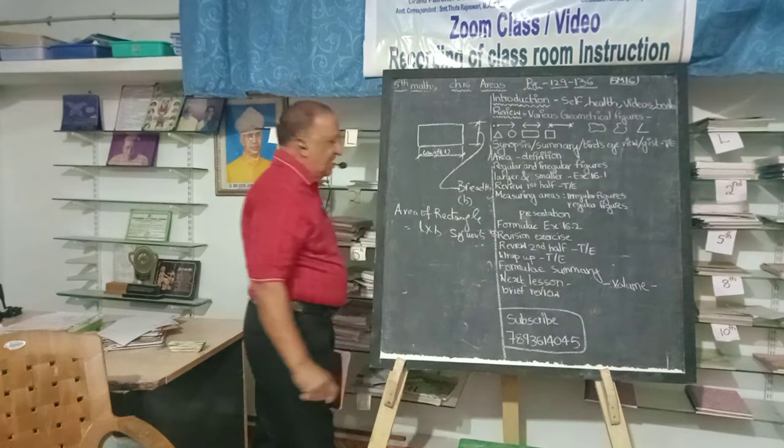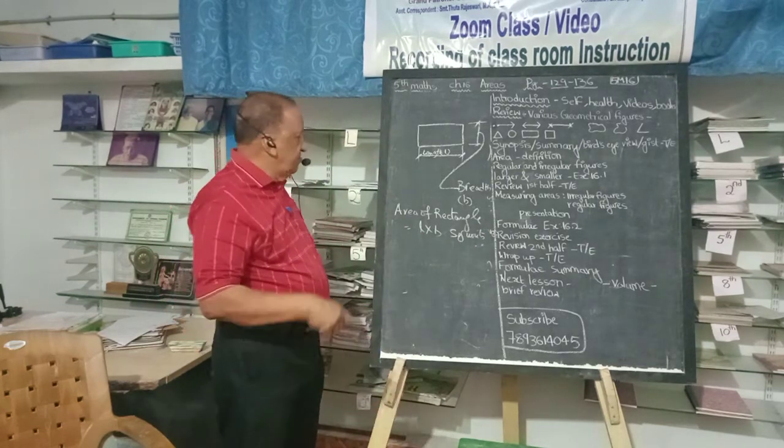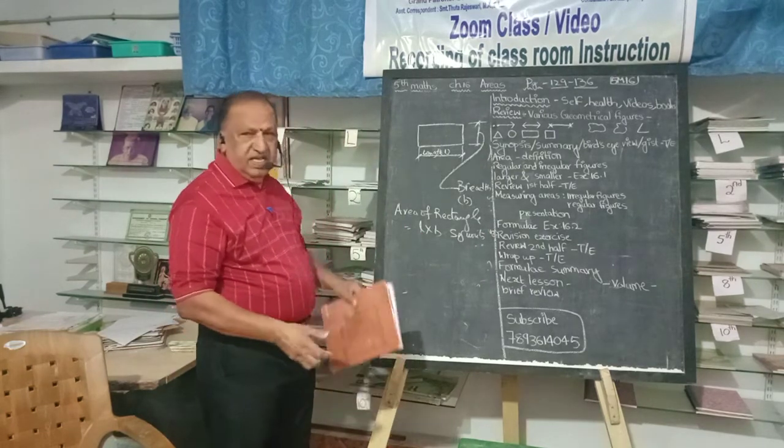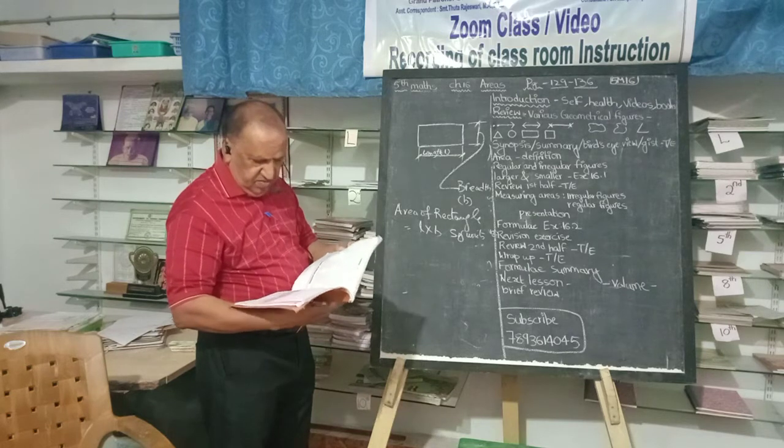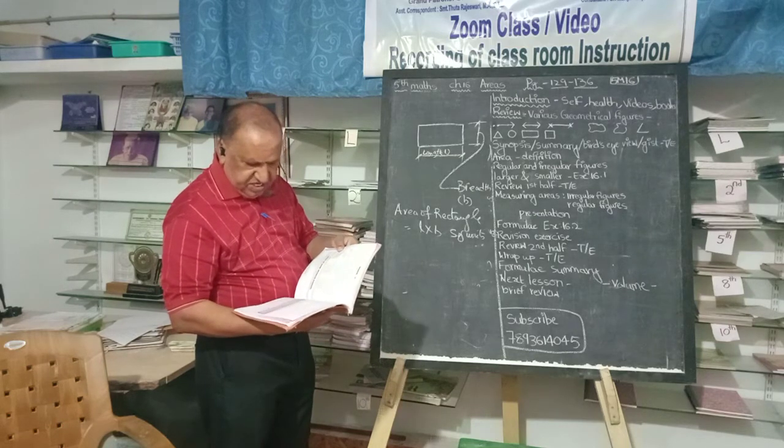If the length of a rectangle is L units and the breadth is B units, then the area of the rectangle is L into B.